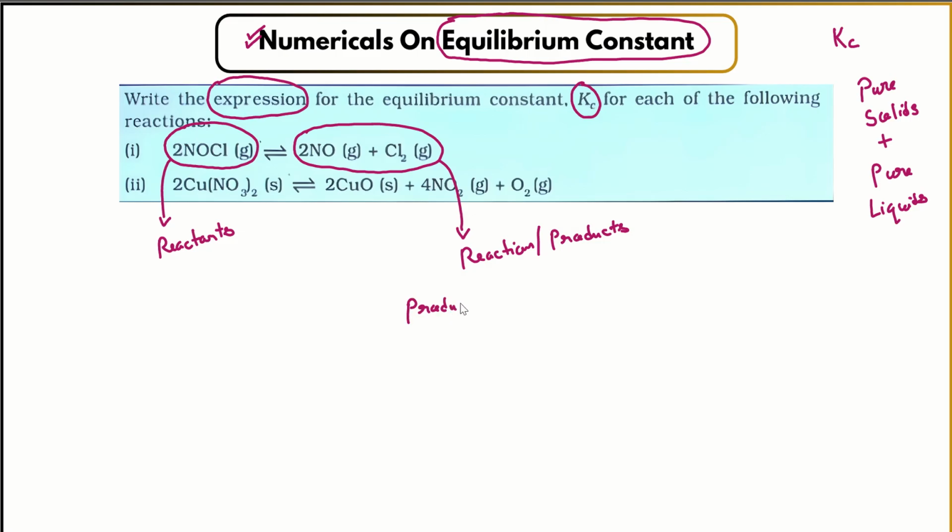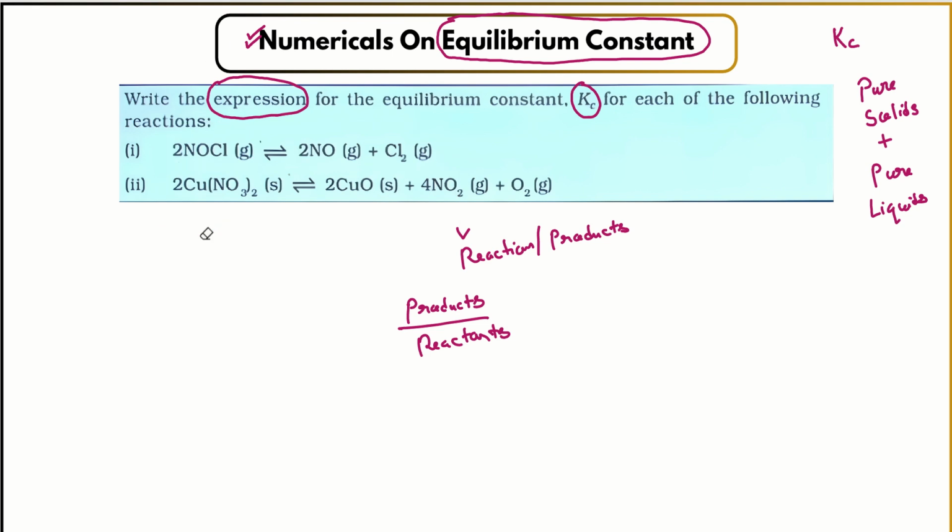You have to write the products as numerator and reactants as denominator. Don't forget this. All these things I have told you already in the previous lecture. So on the basis of this knowledge, let's solve these numericals.